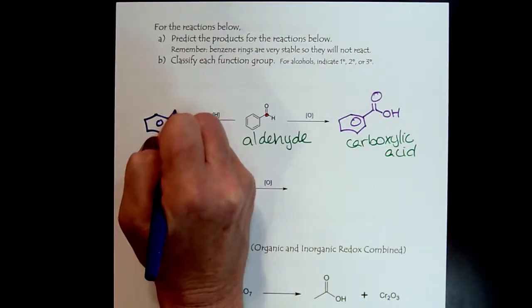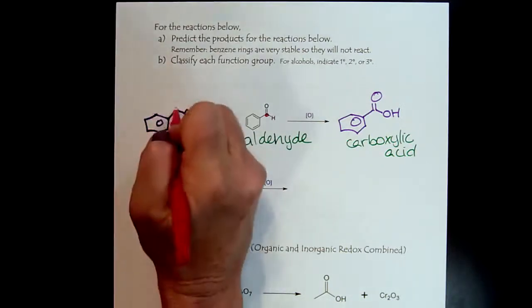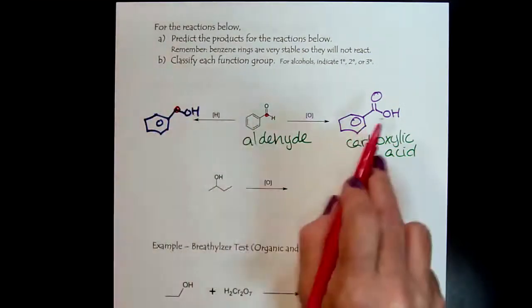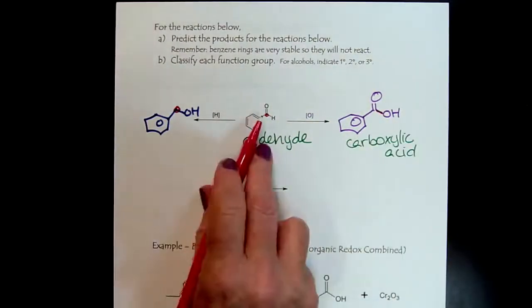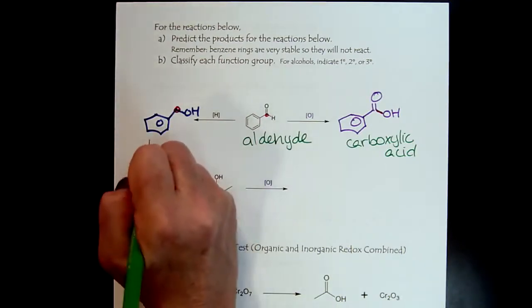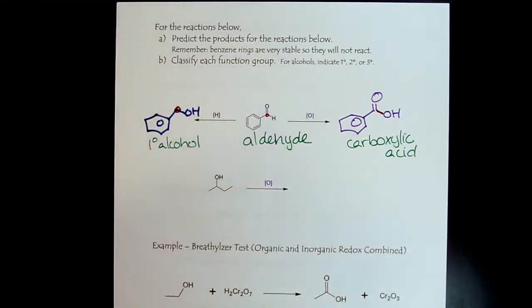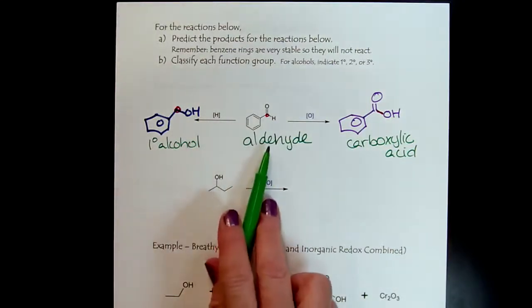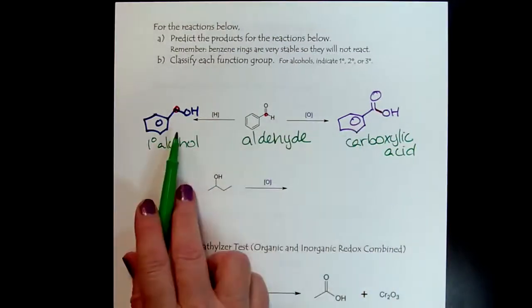And so then we would simply have an alcohol. So here we added a new carbon-oxygen bond, and then here we took it away. And so now this would be a primary alcohol. Okay. So aldehydes are one of the trickier groups because they can be oxidized or reduced.